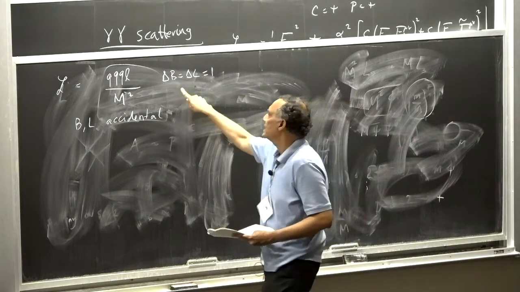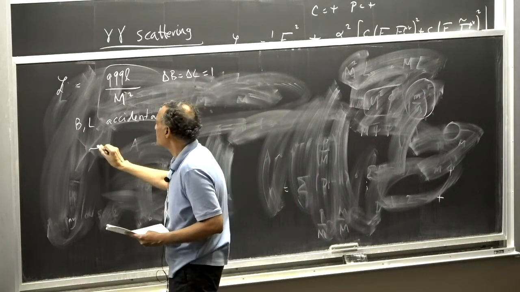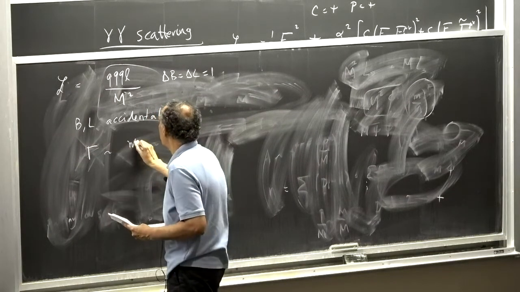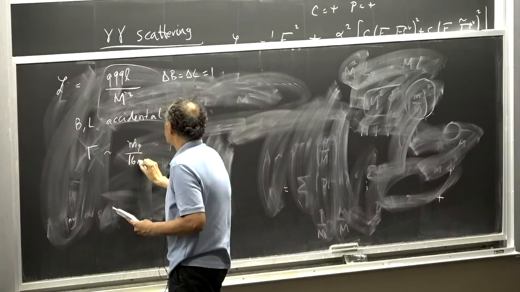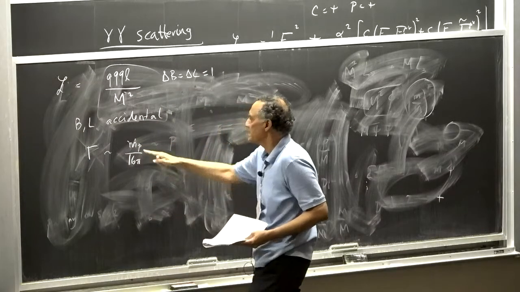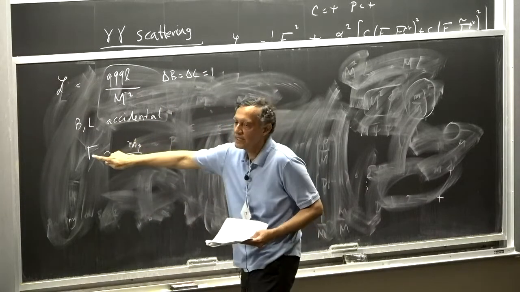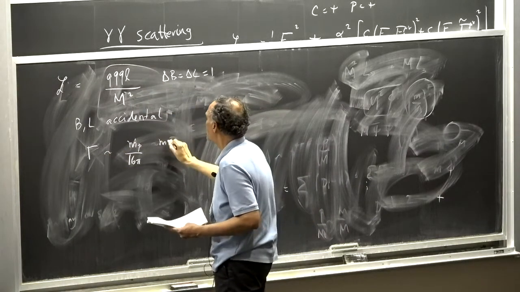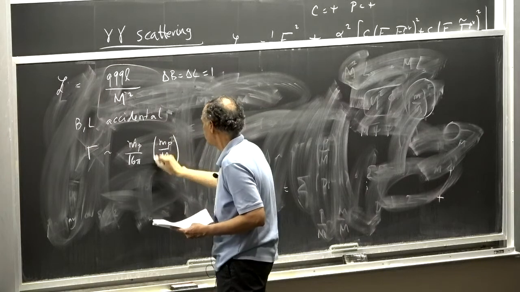And from this, you can see that the decay width of the proton should go like m proton over 16 pi. That has the correct dimensions to be a decay rate. But then this M squared gives me an extra m proton over M to the 4th suppression.